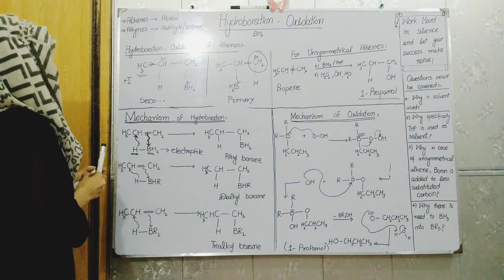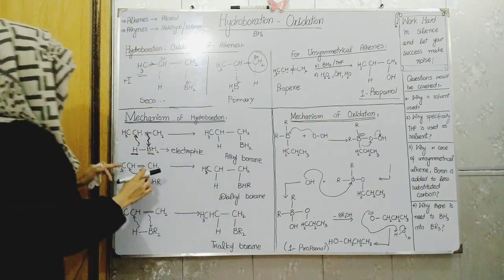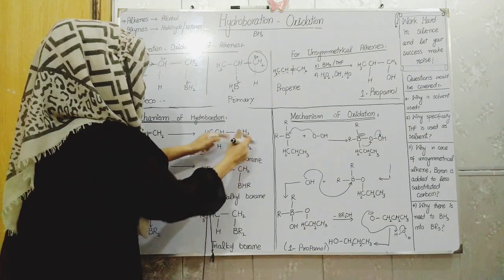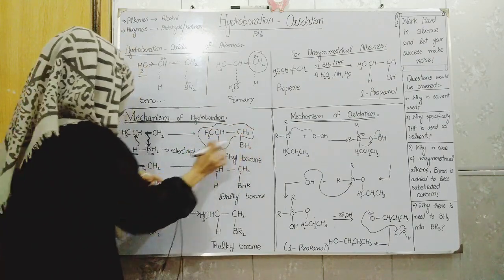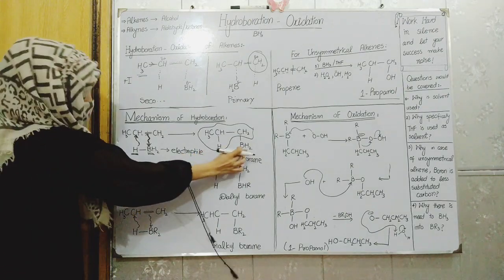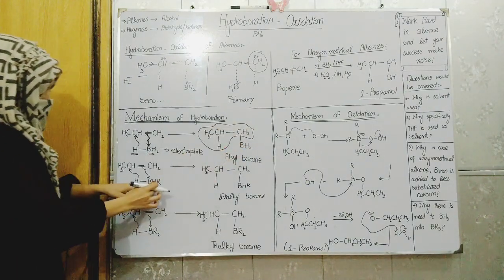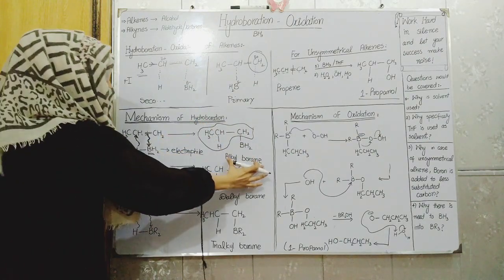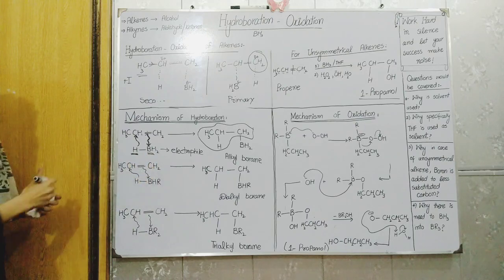Okay. The next alkyl borane, which is formed, again this alkyl borane. Here I replace this group with R, B, H2, and this group I write here as R. Now this alkyl borane again reacts with another alkene molecule.